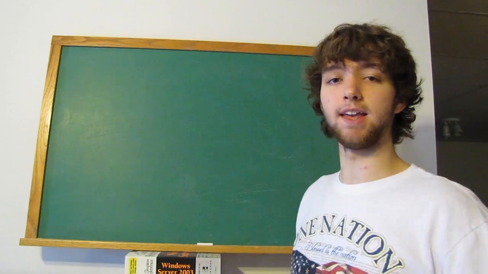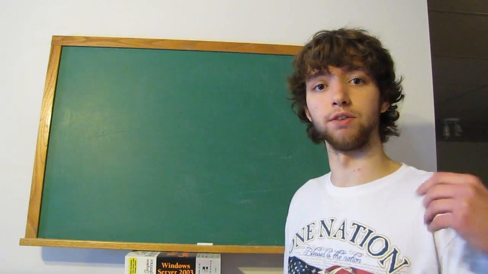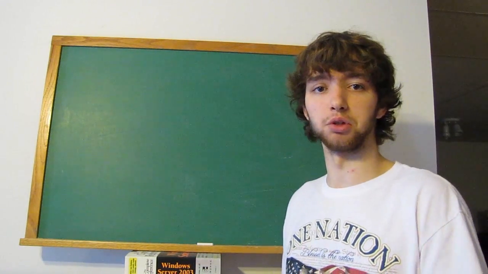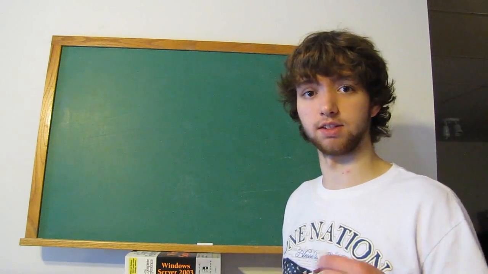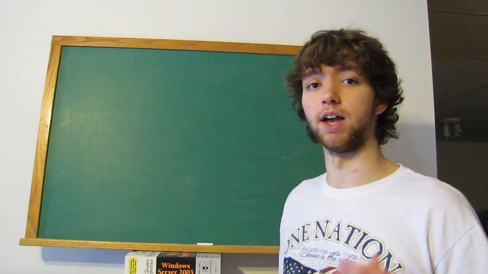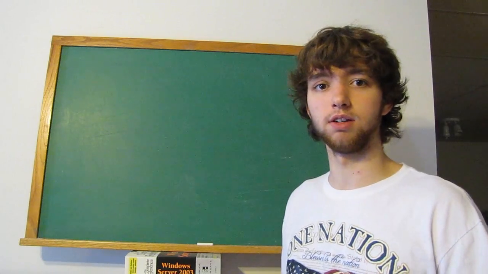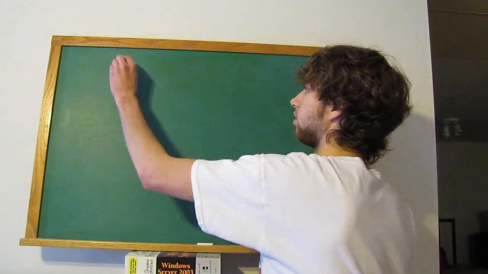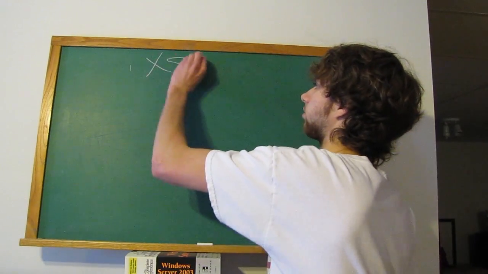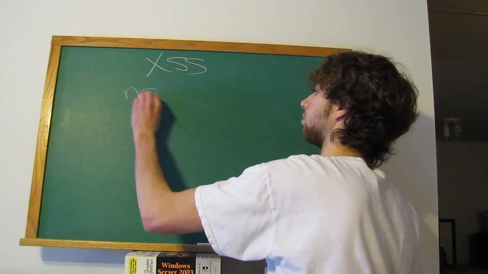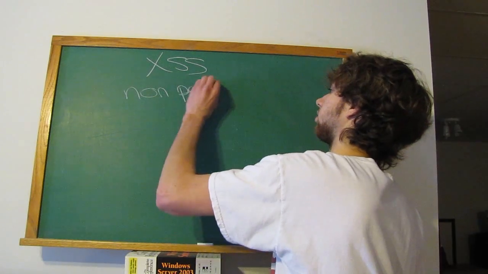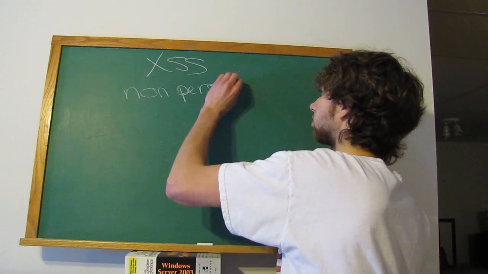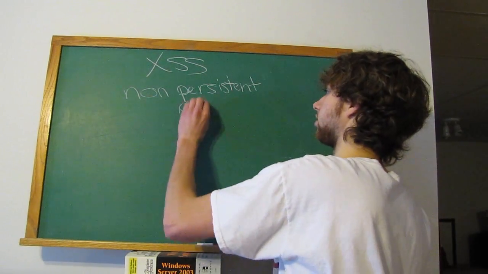So if I can get a malicious code onto a Facebook page or something, and other people view that, that's an example of cross-site scripting, and that's dangerous for Facebook and all the people using Facebook. So the two main forms we talked about were non-persistent and persistent.